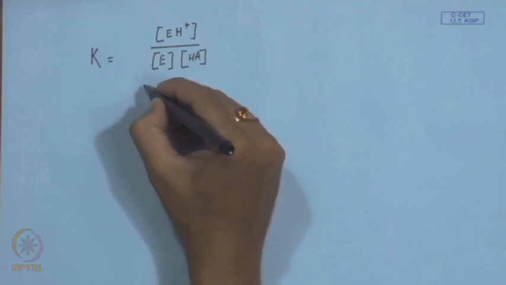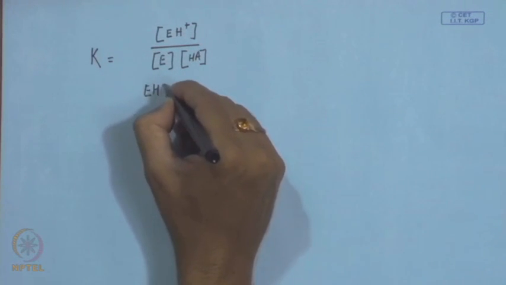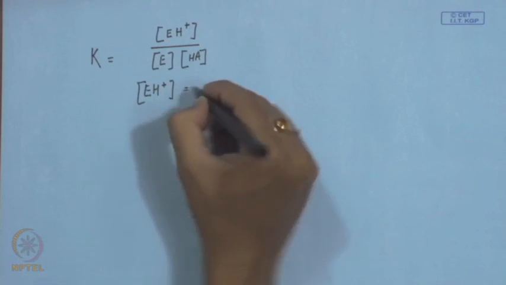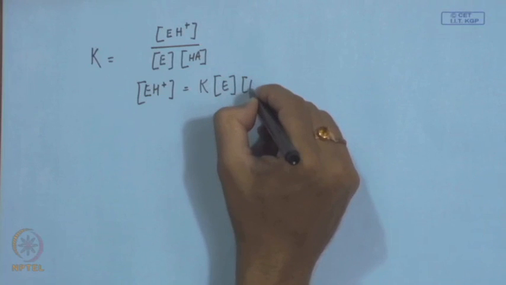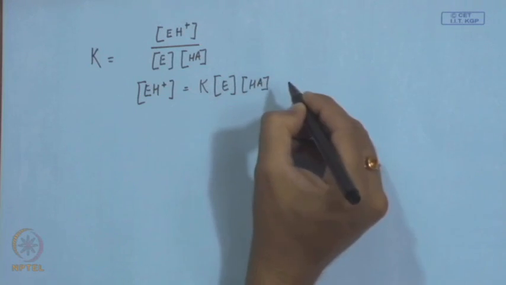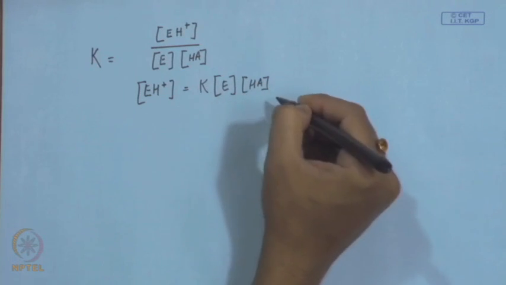So [EH+] is equal to K times [E] times [HA].